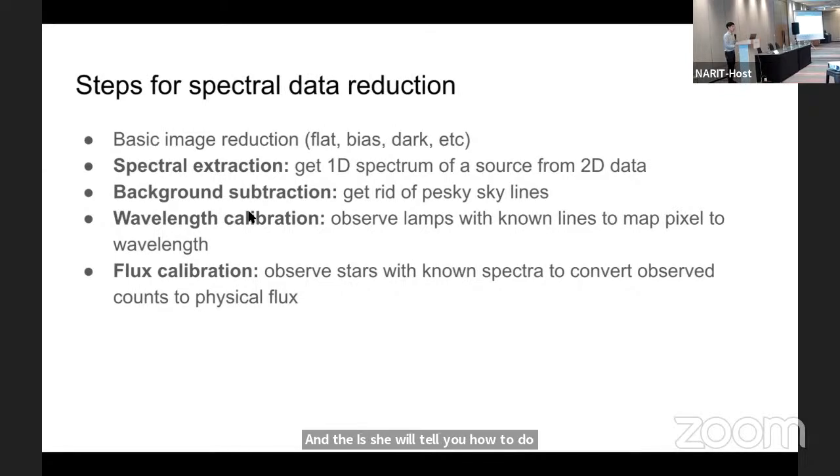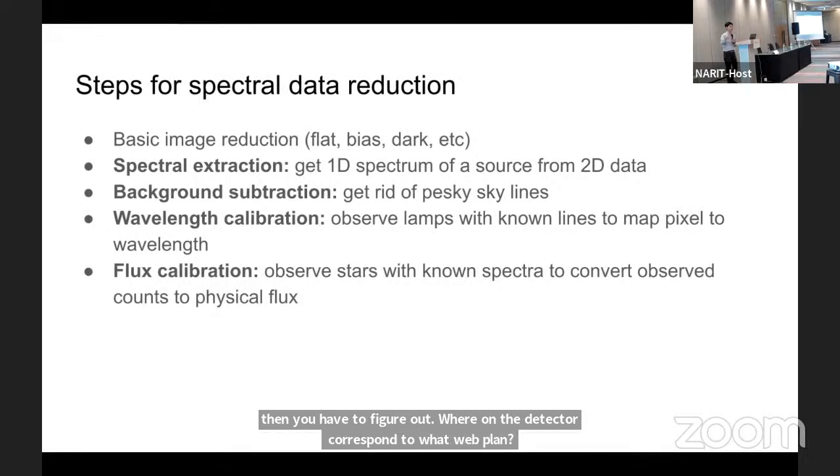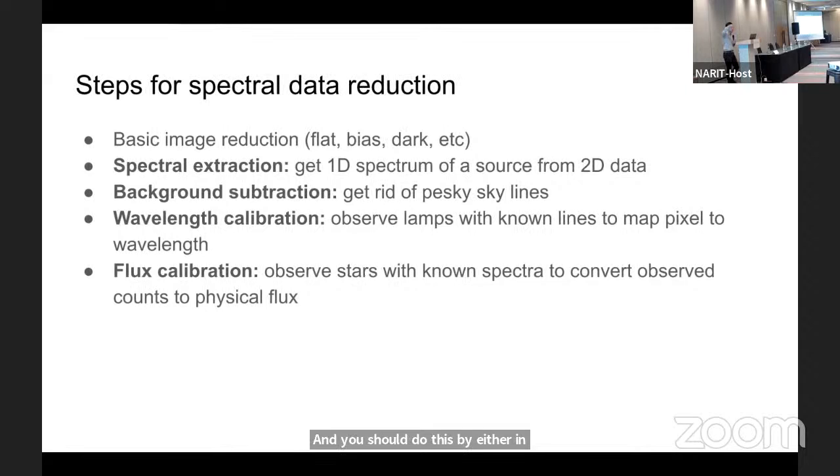And then you have to figure out where on the detector corresponds to what wavelength. In the infrared, it's helpful because there are so many sky lines. You can actually use those lines to figure out this so-called wavelength solution. In the optical, usually we use some gas lamp with known lines.